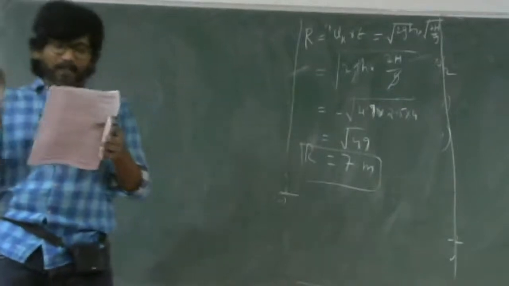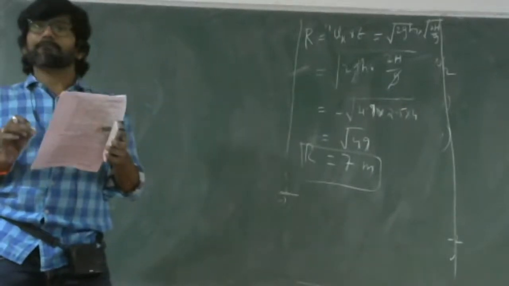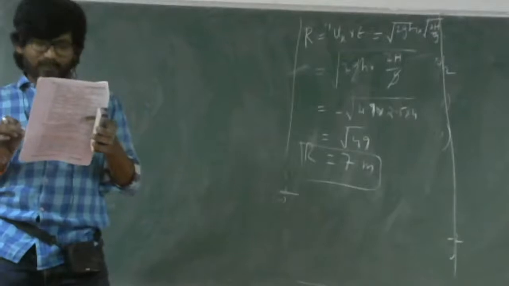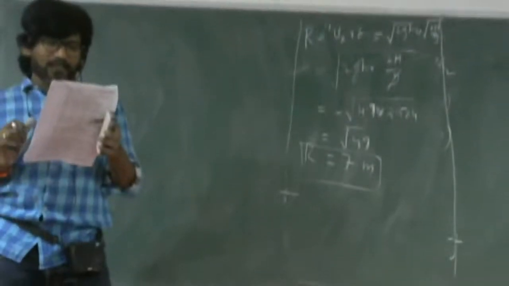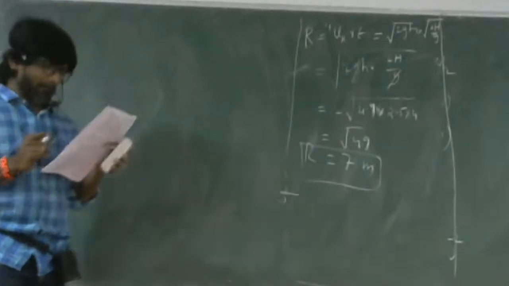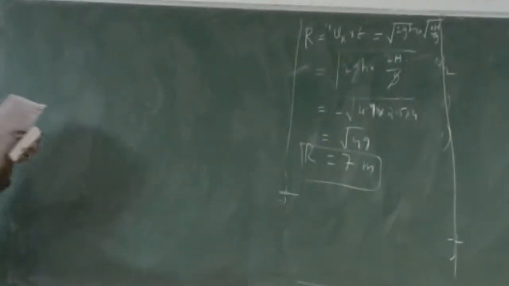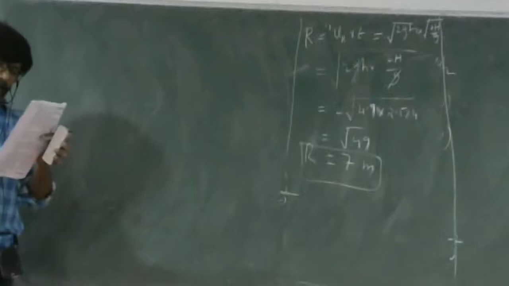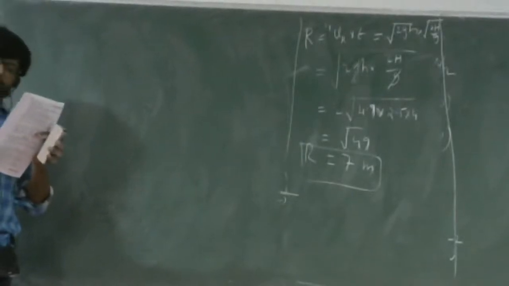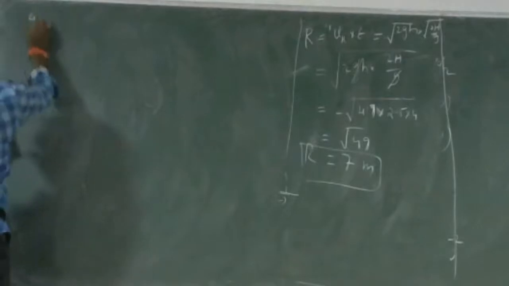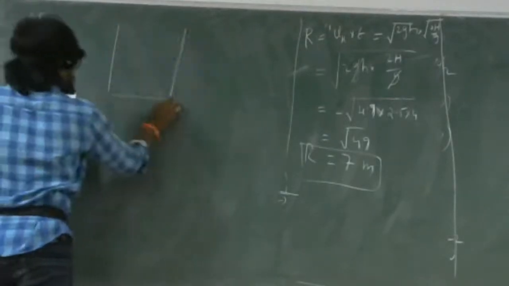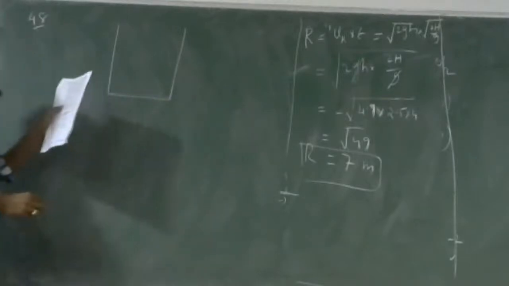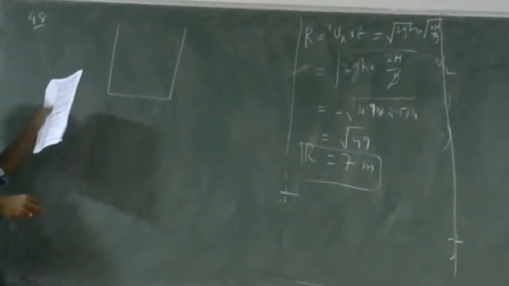As the question is, the level of water in a tank is 5 meter high. The hole of area of cross section 1 centimeter square is made at the bottom of the tank. The rate of leakage of water from the hole in meter cube per second is given, small g equal to 9.8 meter per second square. So what is this? Question number 48 says there is a tank, and the level of water in the tank is 5 meter.